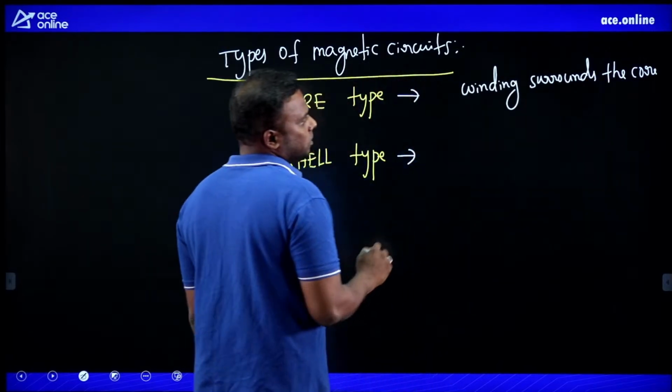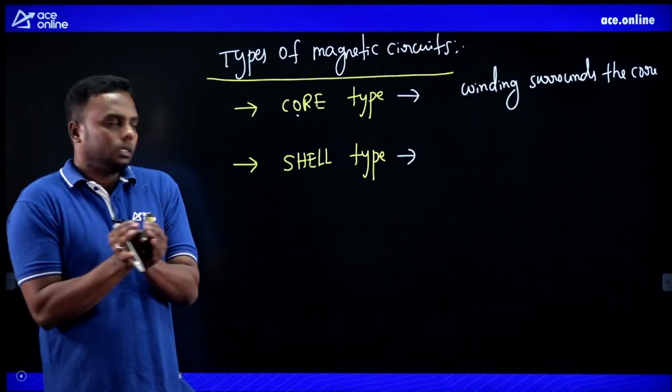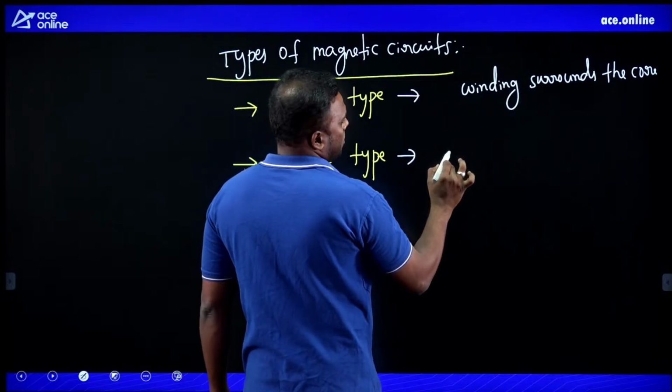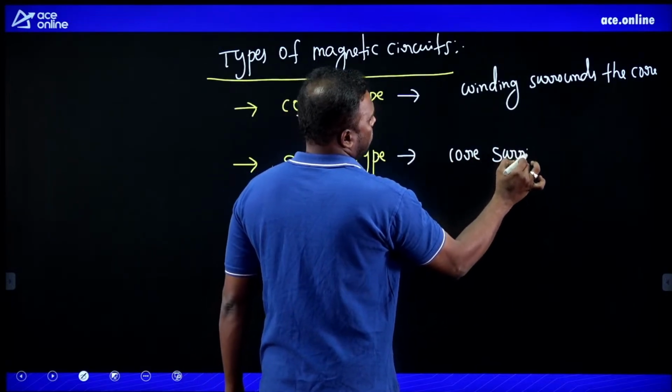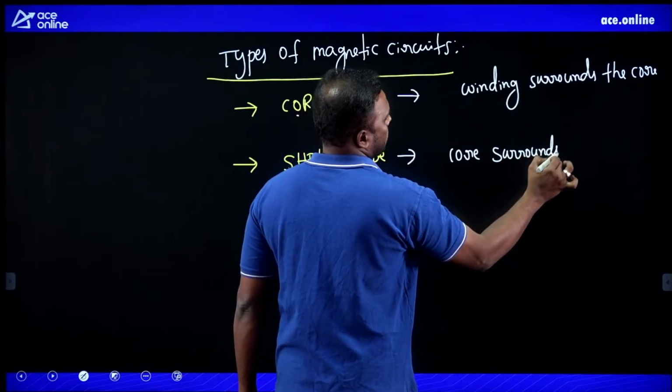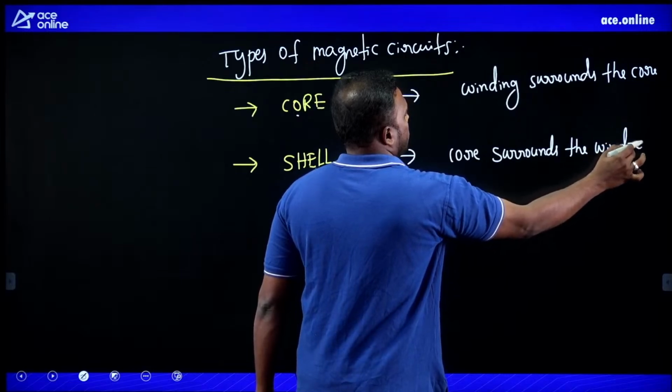But in shell type, the core will be outside and the winding inside, so the core surrounds the winding.